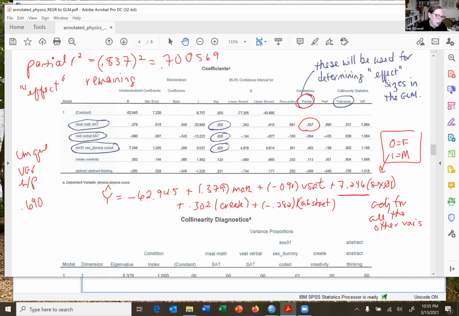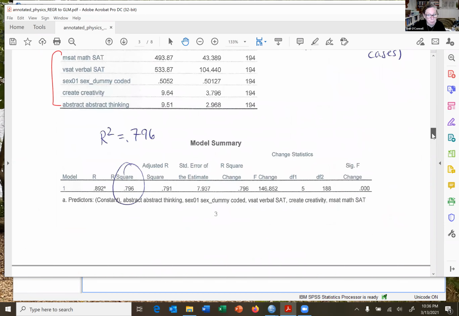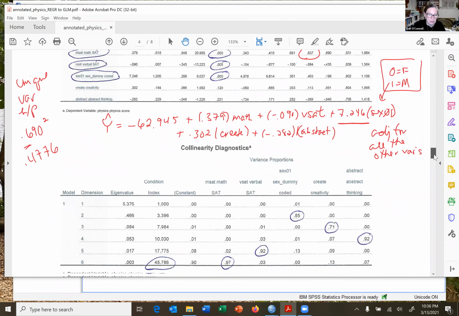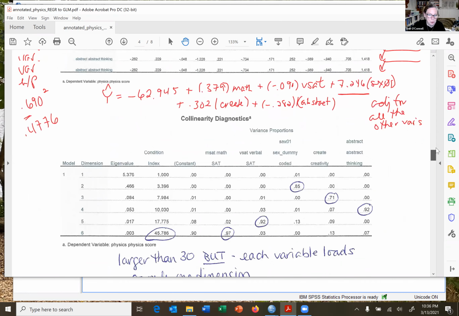If I square 0.690, I get a value of 0.4761, which is really quite sizable. 47.61% of the total variance in physics can be explained simply by math, given the other variables in the model. The overall R squared was 79.6, so that's about half of what we explained with the model to begin with.